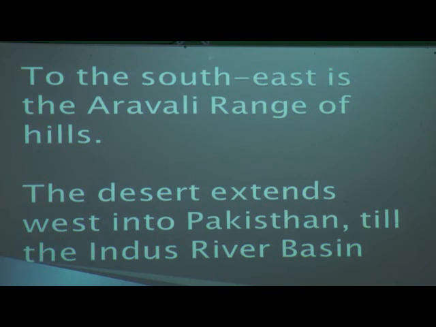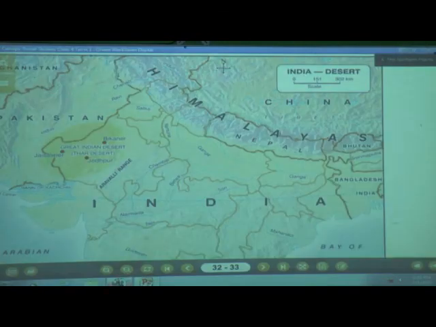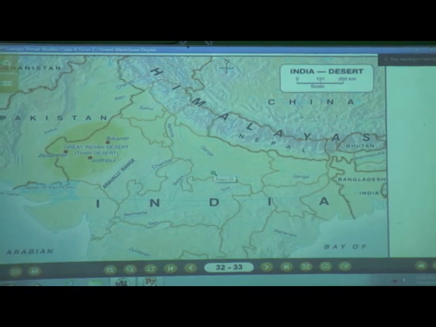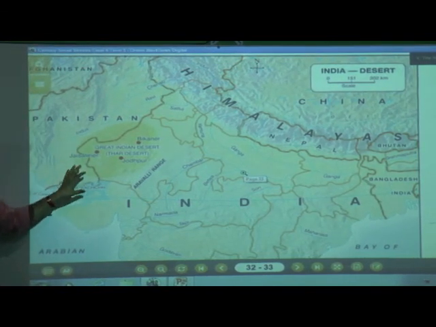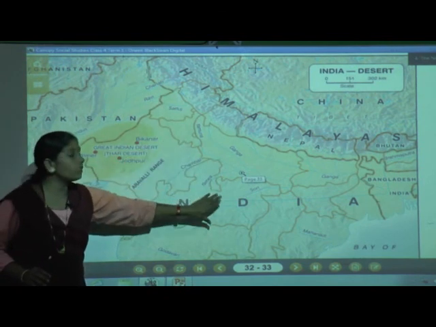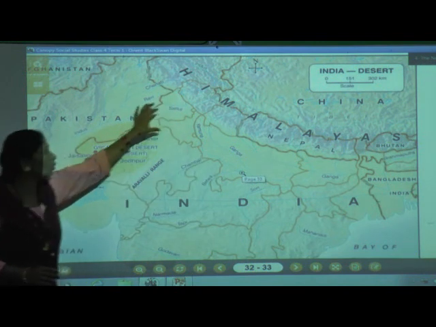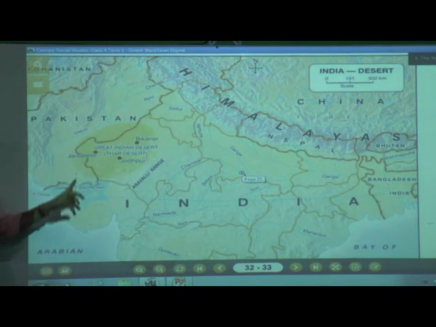Now in this map I am going to explain to you. See here, we have north and south, correct? On the north and east side we have the Satluj river basin. Toward the south and west side we have the Rann of Kutch.